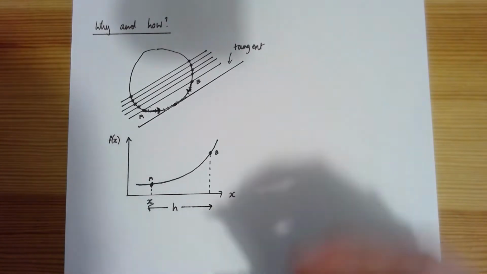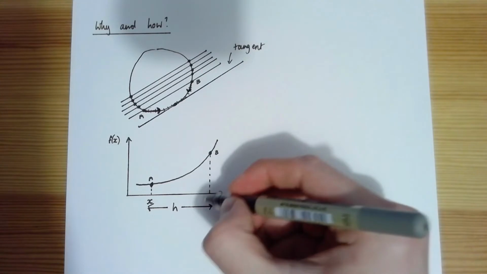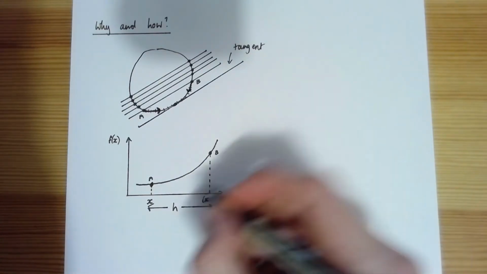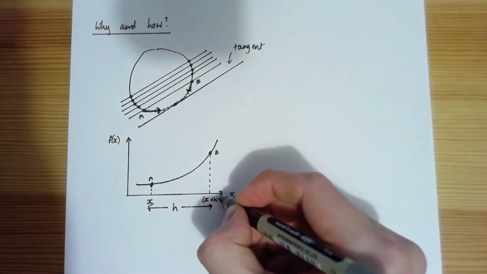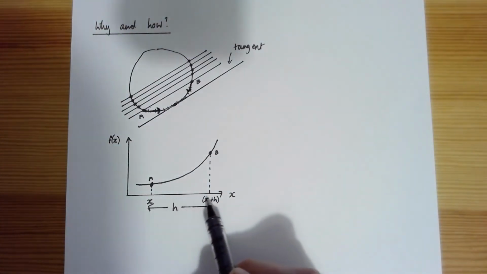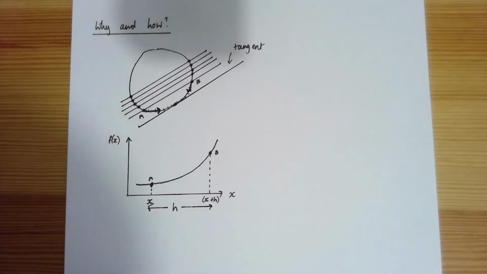And what we're now going to do then is work out what our x value here is at B. If we started from A, we're going to have an x value, and then we're going to have to add on h as well, aren't we? Because we've gone from this x value all the way up to the distance h. So our B x value is x plus h.